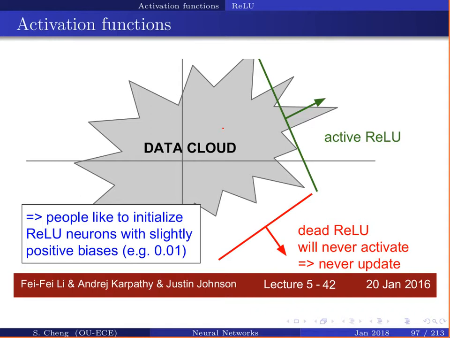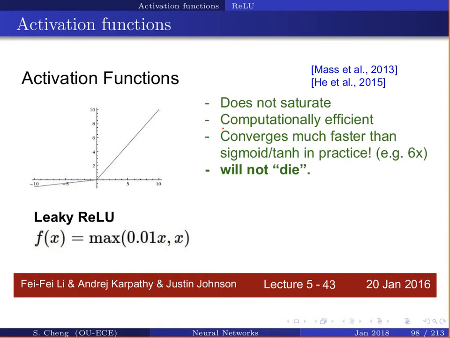Some of these things, I guess people can still write a paper on and do some analysis and argue back and forth. But at least some people will do that. Another possibility is the so-called leaky ReLU. In that case, we allow the other side to not be exactly 0 but have a slightly positive slope.